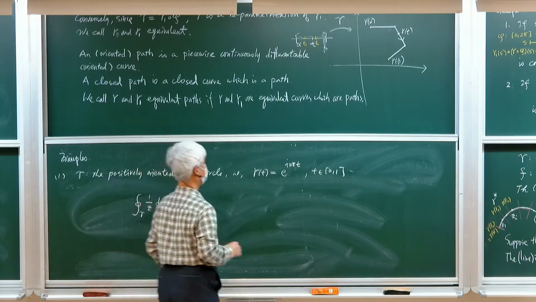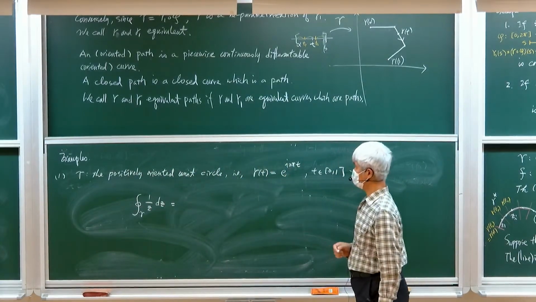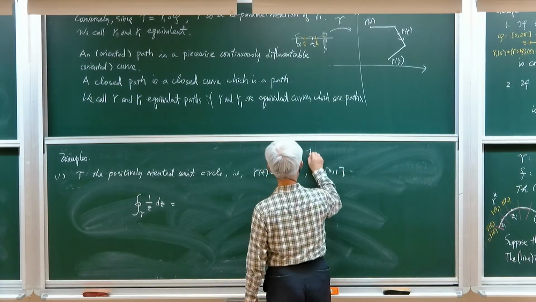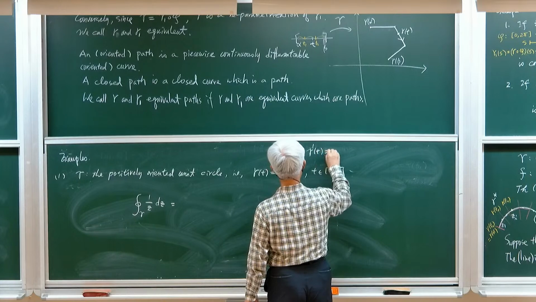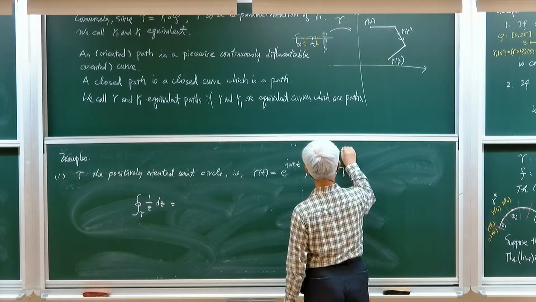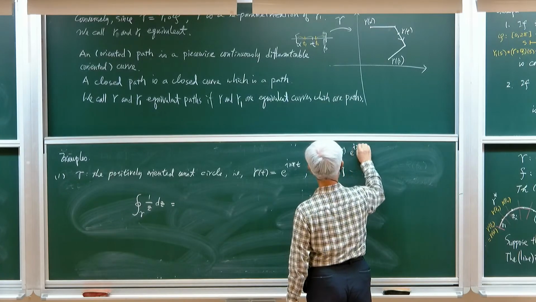Now we need the derivative. So what is it? The derivative is i 2 pi e^(i 2 pi t).